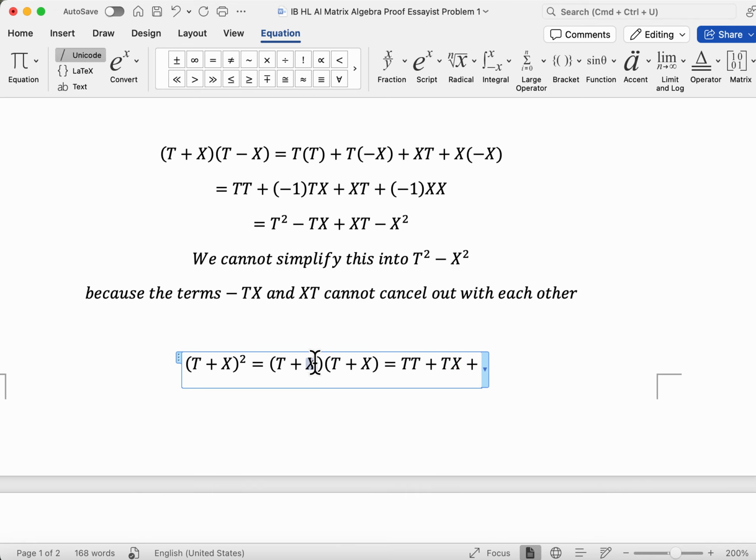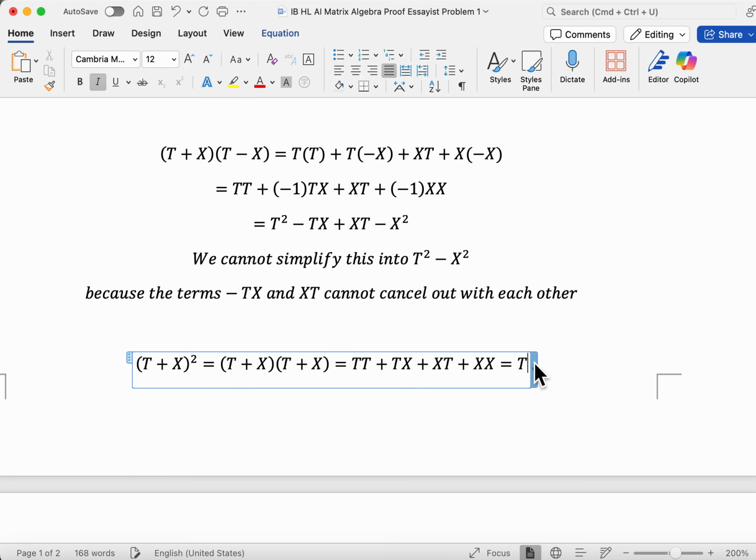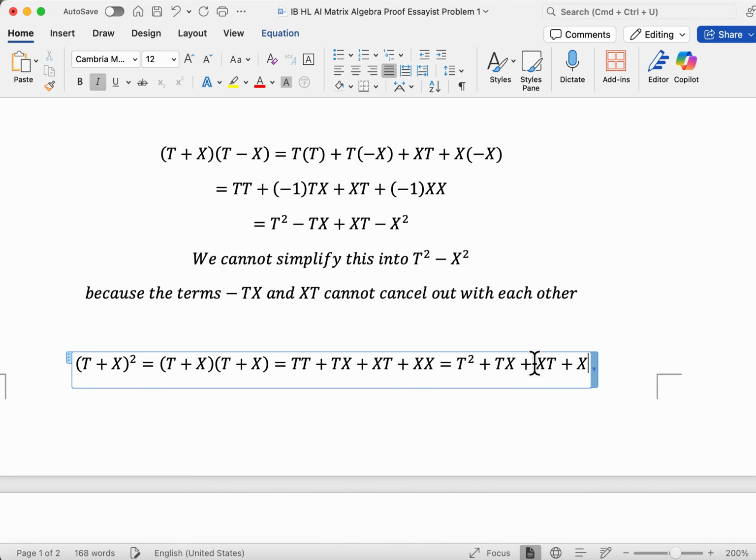Next I add the third term. This x here gets multiplied with this t here, so I get xt. And then finally I get this x here, and I multiply it last with this x to get xx, which in general just becomes t squared plus tx plus xt plus x squared.